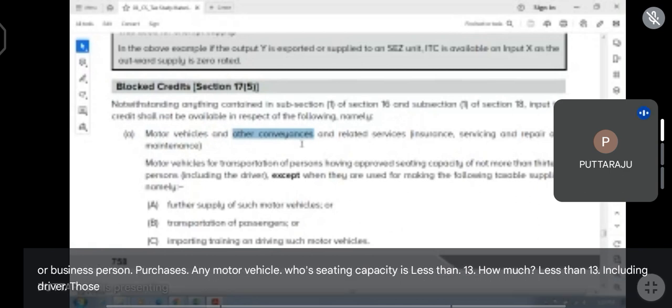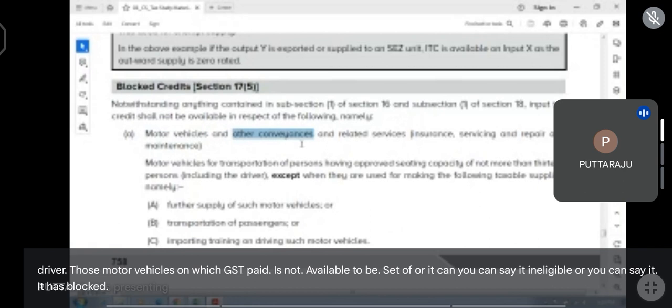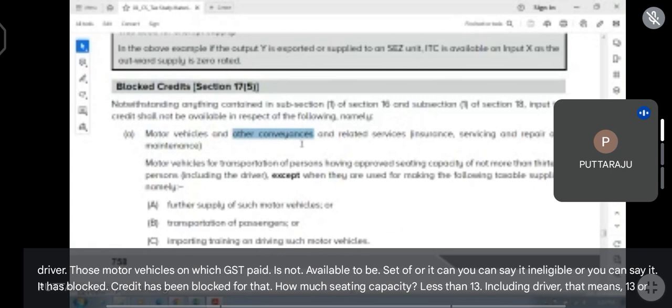Those motor vehicles on which GST paid is not available to be set off, or you can say it ineligible, or you can say it has blocked. Credit has been blocked for that. How much seating capacity? Less than 13, including driver. That means 13 or less.